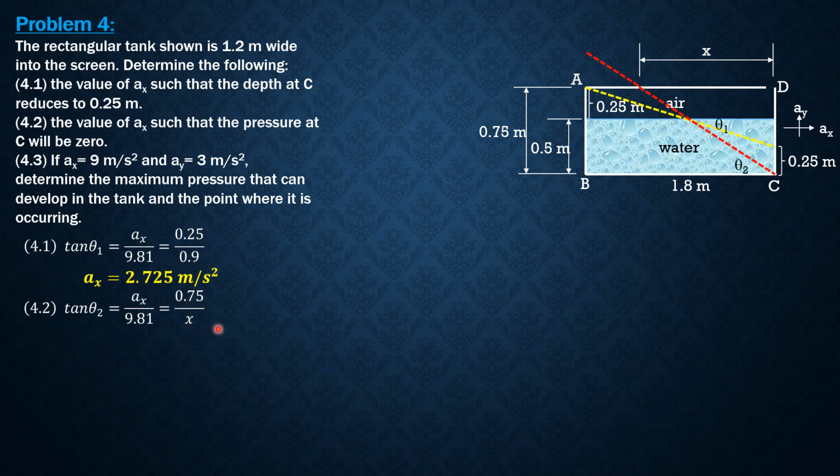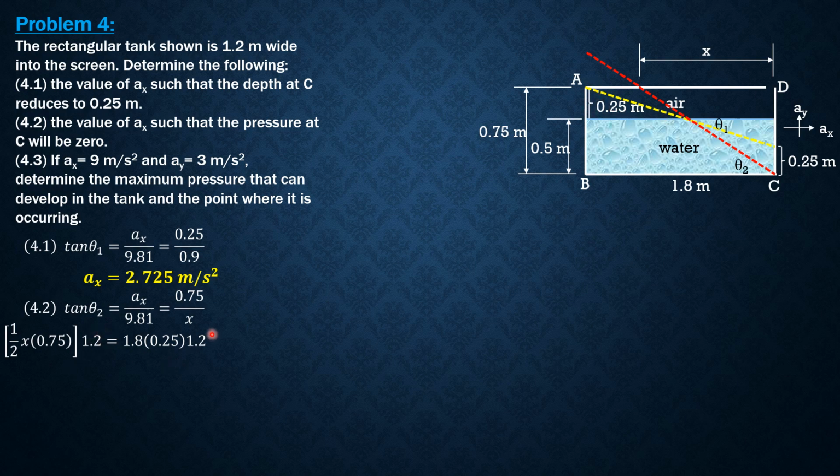Now, how to solve for x? Because no liquid is spilled, final volume of air, which is represented by this triangular wedge, equals initial volume of air. So final volume of air is 1/2 area of this triangle, 1/2 of x times 0.75 times 1.2 equals 1.8 times 0.25 times 1.2.